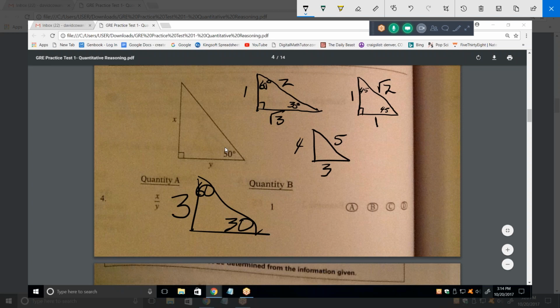It wouldn't be 6... In other words, you take the side opposite the 30-degree angle, and compare it to the unit triangle. This triangle down there is 3 times this triangle, so every side is 3 times bigger. So the hypotenuse would be 3 times 2, or 6. And this side would be 3√3.